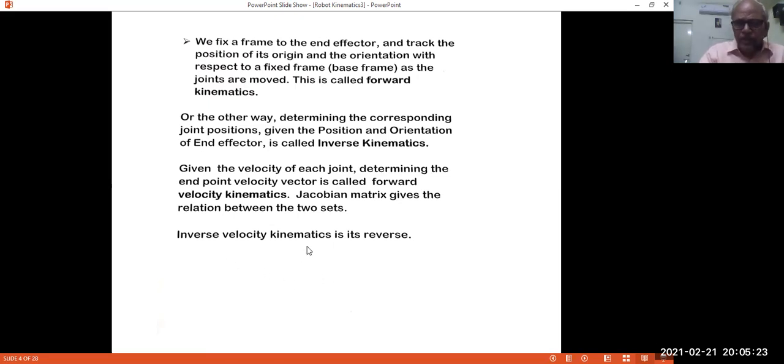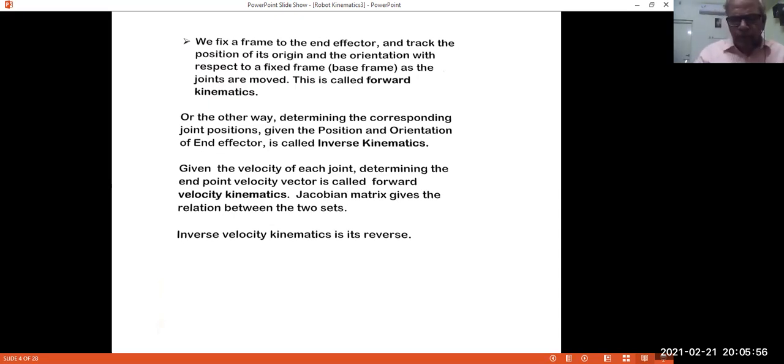It has to trace a certain path. Then what should be the corresponding joint variables? What should be the positions of the various joints for the end effector to be at that position at that point of time? This problem of finding the joint variables given the end effector position and orientation is called inverse kinematics. Similarly, velocity kinematics: given the velocities of the joints, what will be the velocity vector at the end point?